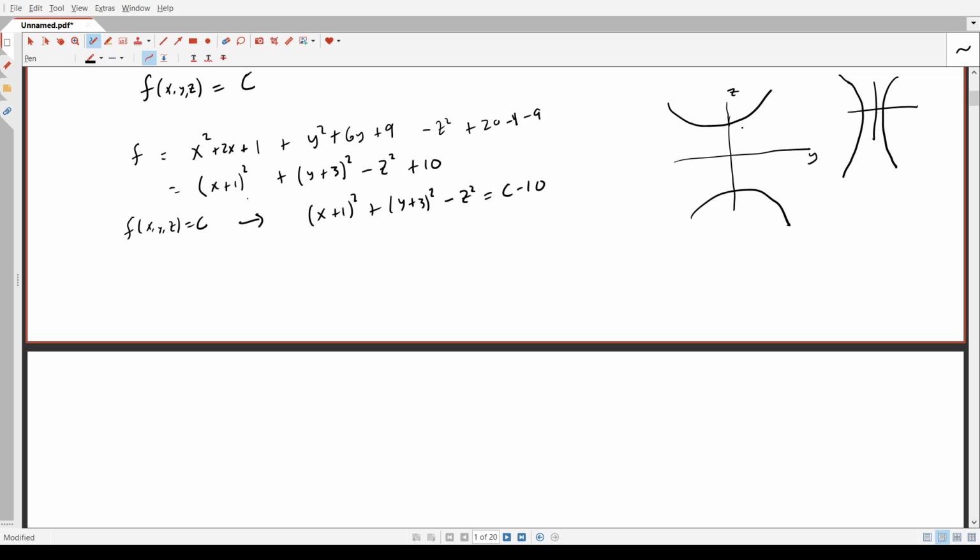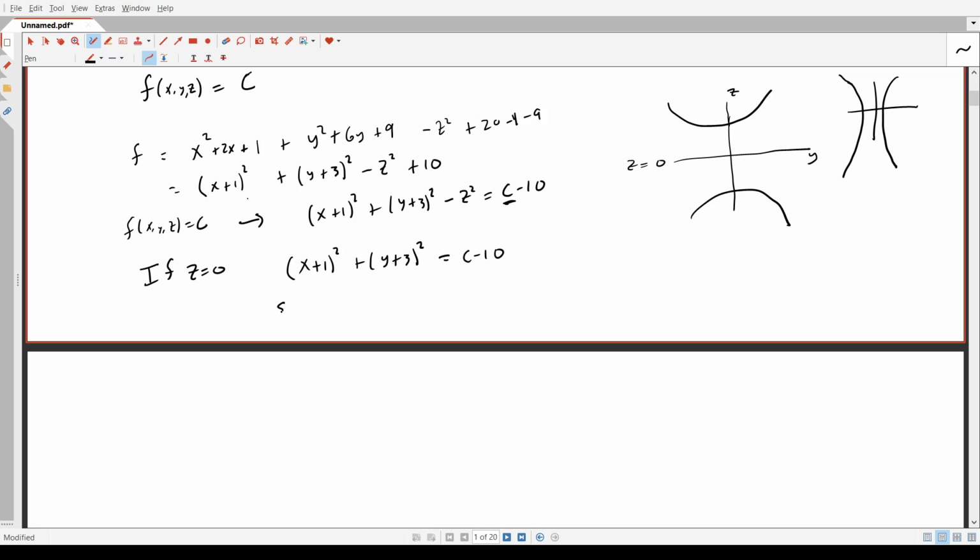So the easiest way to do this is figure out for what values of C does this not intersect the xy plane. So what is the xy plane? That's the plane where z equals 0. So if z equals 0, then we have x plus 1 squared plus y plus 3 squared equals c minus 10.